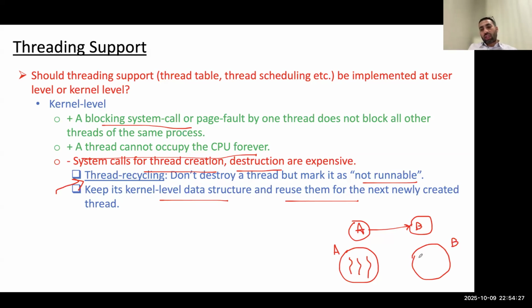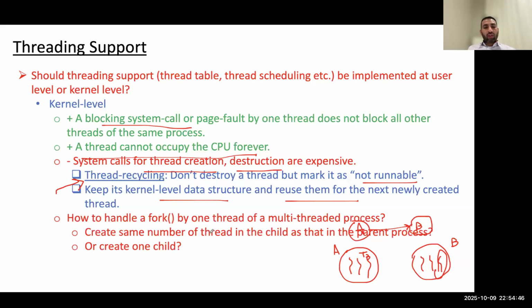So in this situation, what does it mean? When this thread 3 says fork, when we say duplicate, should we create all three threads also in the new process, or should we create only the thread which invoked the fork? So how to handle a fork by one thread of a multi-threaded process?